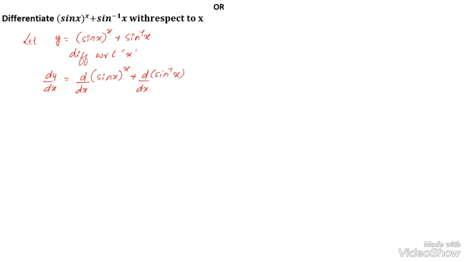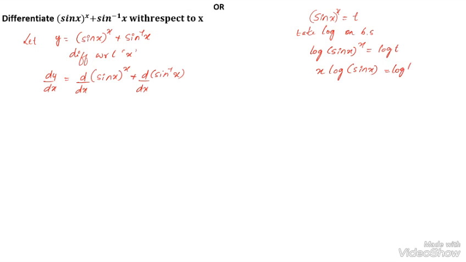Here, the sin x to the power x, I can take separately, taking this one as t. I am applying the logarithmic function because there is a power function, taking log on both sides. It becomes log of sin x to the power x is equal to log t. By the property, I can take x into log sin x is equal to log t.